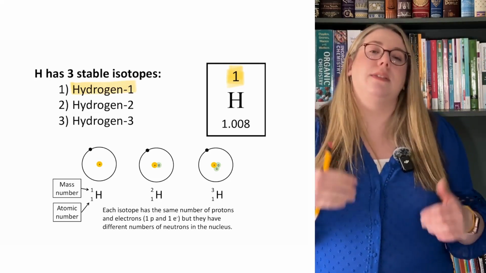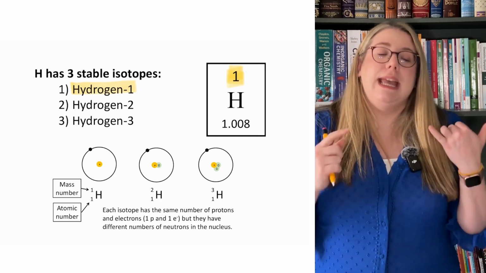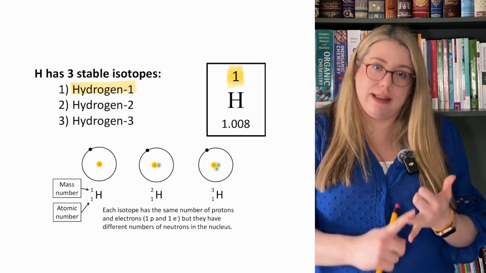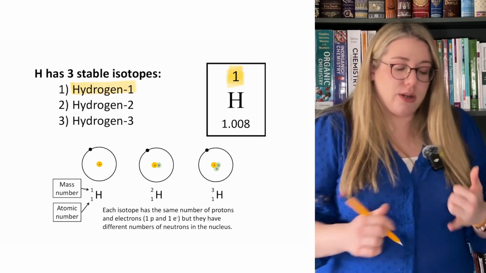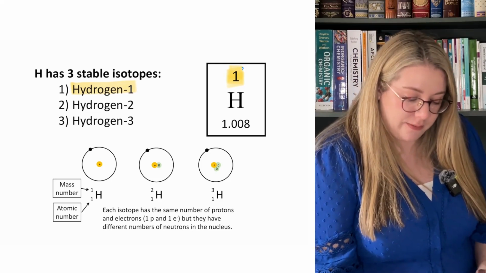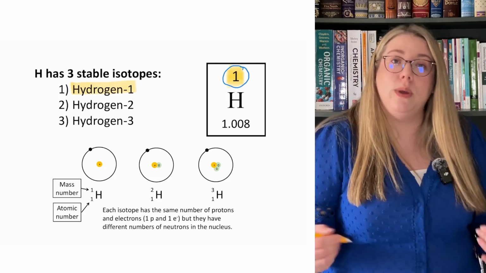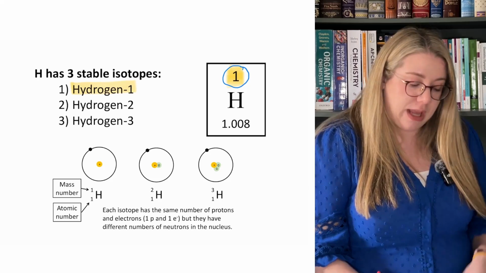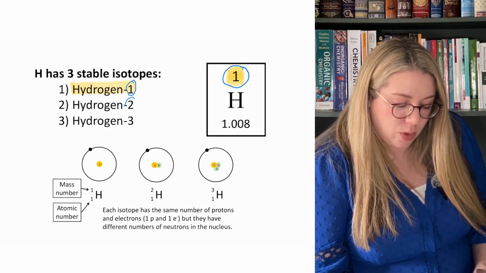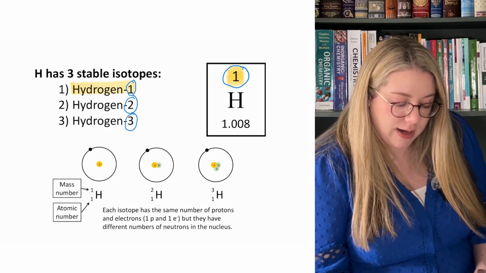Now, when you're working out the number of neutrons of an element, it is always found by subtracting the atomic number from the mass number. So your atomic number is the number of protons in the nucleus, which is this number here. So it's always going to be 1 for hydrogen. But the mass number, that's these numbers over here. So we have 1, 2, and 3.